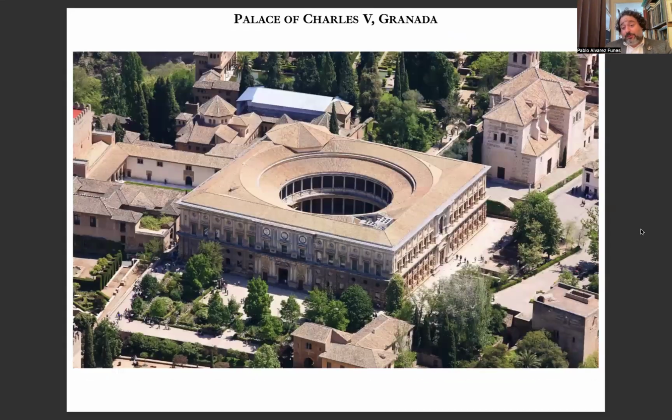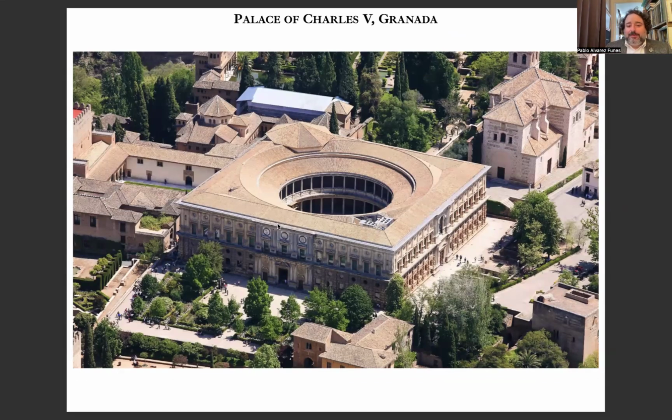And of course, for those of you who know, the amazingly round courtyard, that is very unique in terms of architecture. And then you can see to the left a bit of the courtyard of the Arrayanes, and here the courtyard of the Lions. So it just sits on top of the Alhambra.